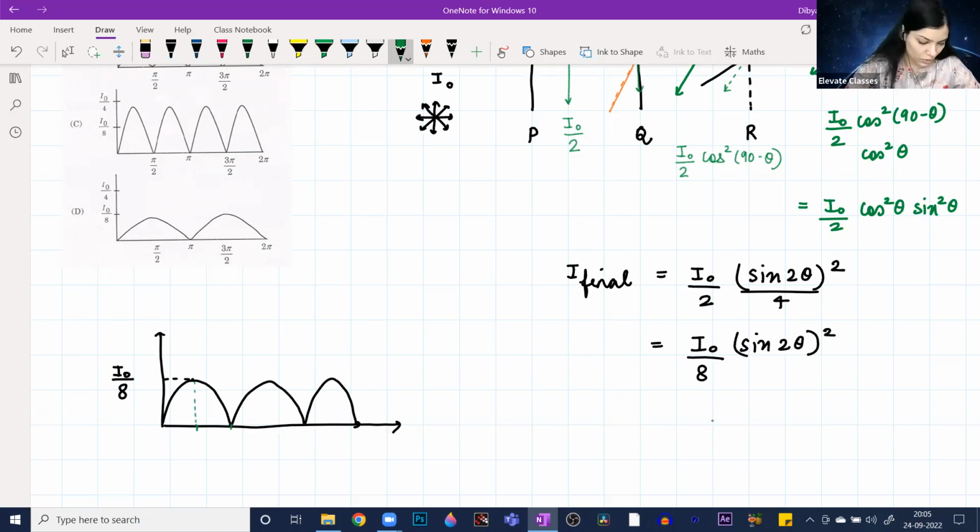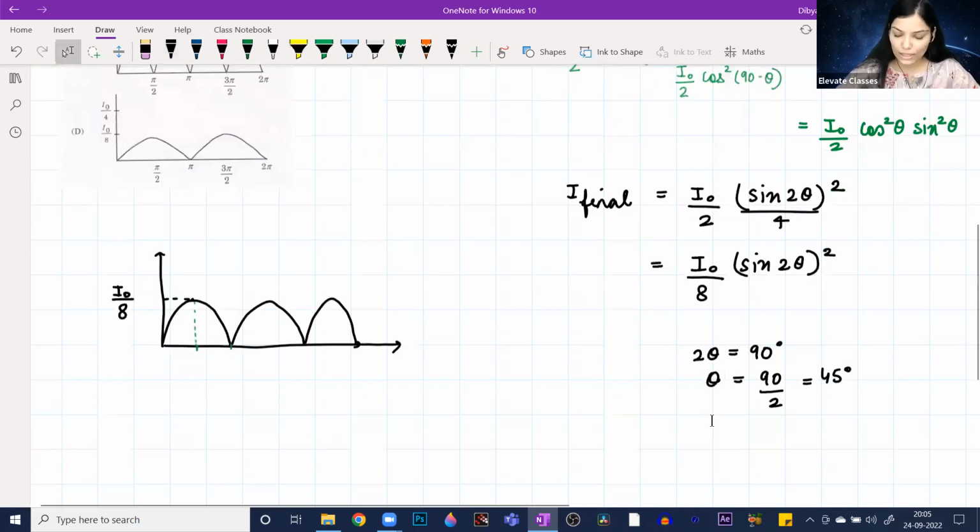I know that sine is maximum when 2 theta is equal to 90 degree. So that means theta should be 90 by 2 or 45 degree. Only then I'll get the maximum intensity. So this should be 45 degree.